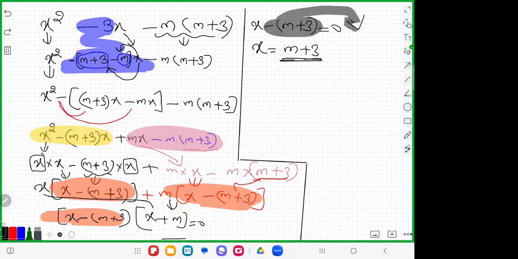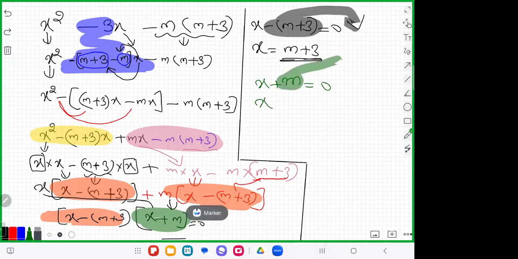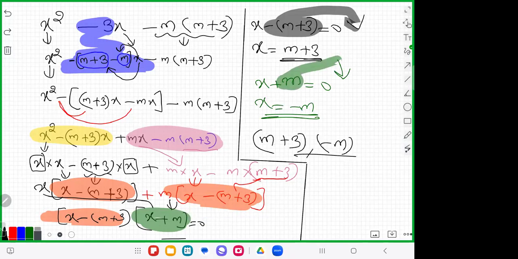And if you take the second bracket, x plus m is equal to 0. To get the value of x, you want to bring this plus m to the right side, so it will become minus m. So we have two values. The first value is m plus 3 and the second value is minus m.